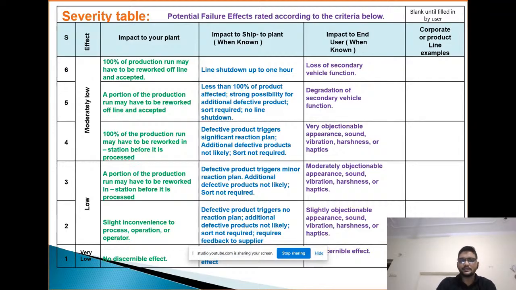Additional defective product is not likely, sort not required. And in the case of impact to end user, very objectionable appearance, sound, vibration, harshness or haptics.